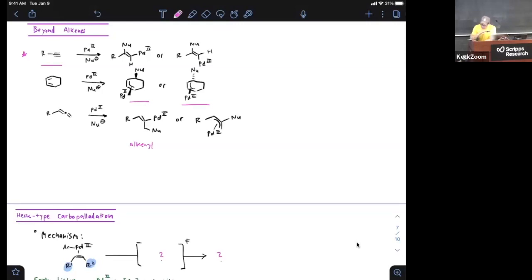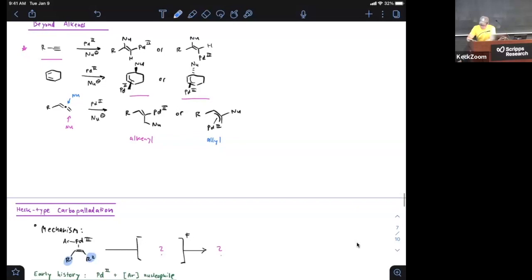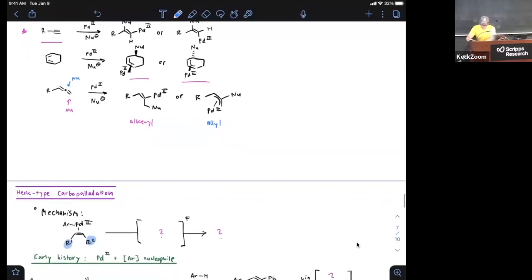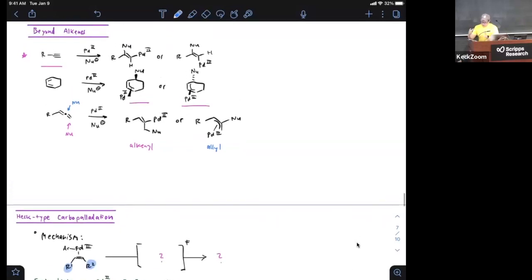The most common situation, however, is that the nucleophile will add to the internal carbon, and then you would generate an allyl palladium species. Again, we'll elaborate on the reactivity to expect from those types of species. So that's just a quick means of orienting you in terms of other types of possibilities out there in terms of addition to pi systems.